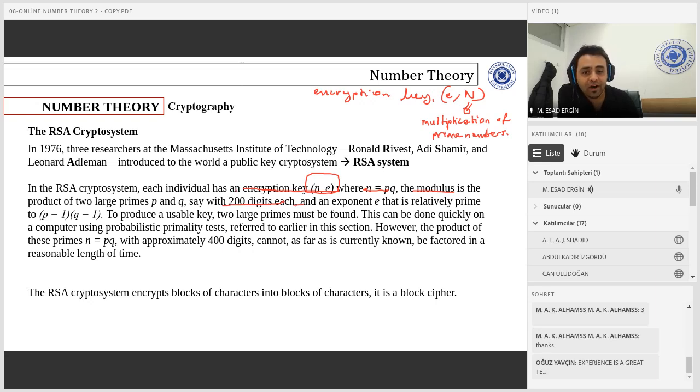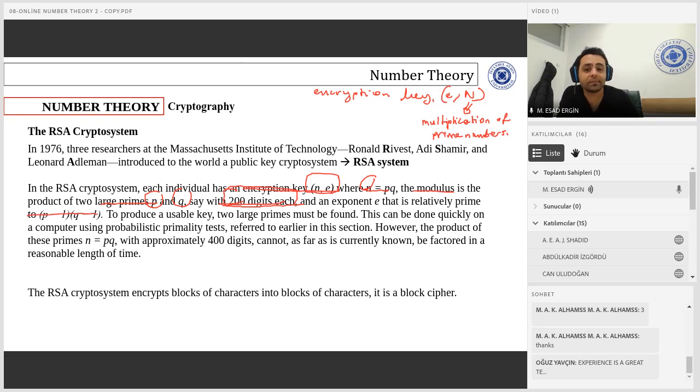In the RSA system, we use very highly developed computers and servers in order to produce prime numbers with 200 digits each. N is the product of the large primes P and Q, and an exponent E that is relatively prime to the totient.